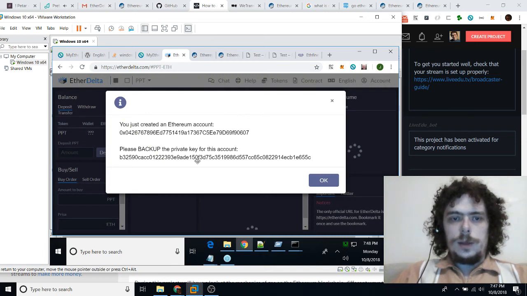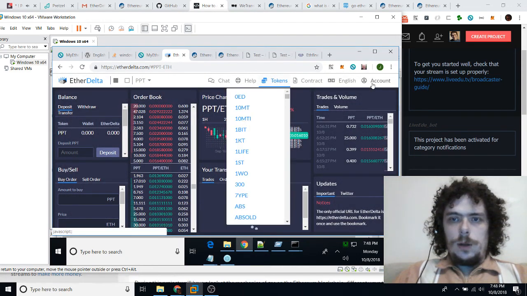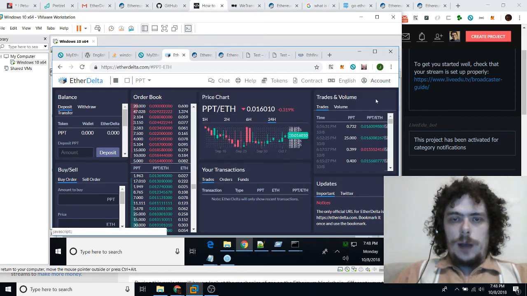It gives me the private key. It tells me to back it up. And here's my Ether account that I just created, which is currently empty. But now, if I go to do a transaction on EtherDelta, it's going to use the Gwei that we set as gas price here in the setting for gas price. And then it's going to use the default gas limit, whatever that sets it to, when it tries to do something on EtherDelta. So you have more control with MetaMask because you're able to modify the gas limit and pay a different gas price.